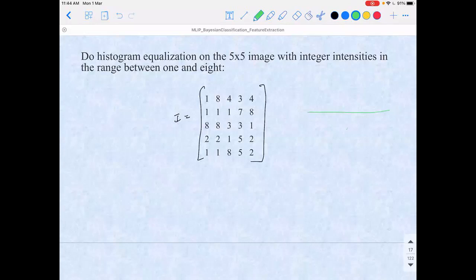That means the new index. Previously the intensity index was R; now the modified intensity is S. So what should S be for the histogram equalized image with high contrast? That is the question.